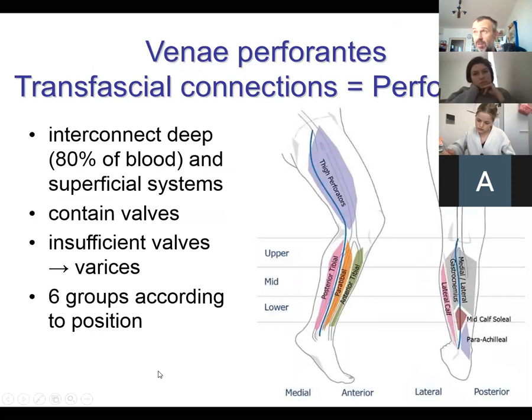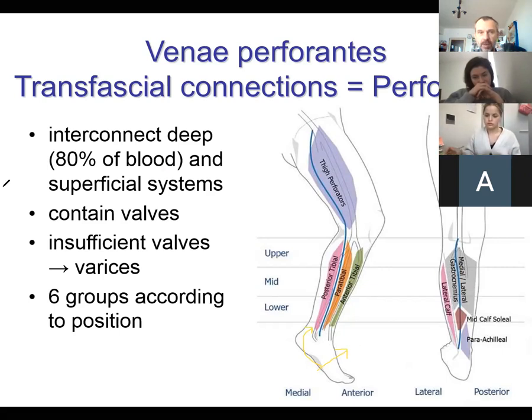And finally, the last topic is perforating veins, the connections between these 2 systems. How does the blood normally flow? When you step on your sole, the blood is compressed in 2 ways. One is into the deep system, of course, via the plantar veins and posterior tibial. And the second is from the sole to the dorsum into the superficial veins.